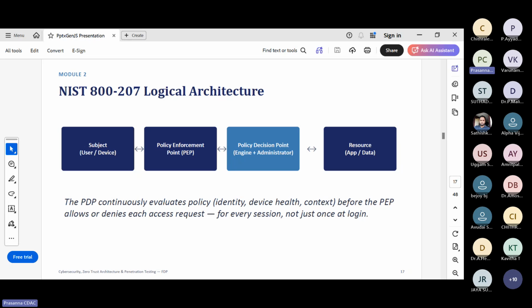And the policy decision point is the major one. It is like an administrator or a server which defines, okay, this person with this MAC address and this IP address is allowed to access the resource. It is like an ID card. The HR department who issues it comes under the policy decision point.